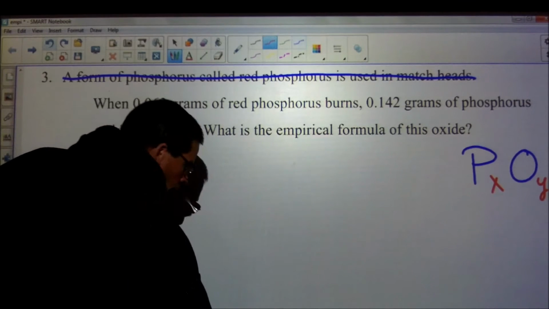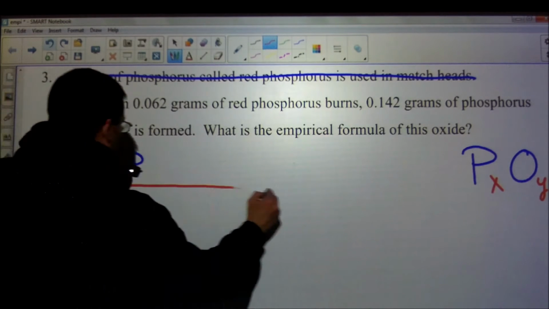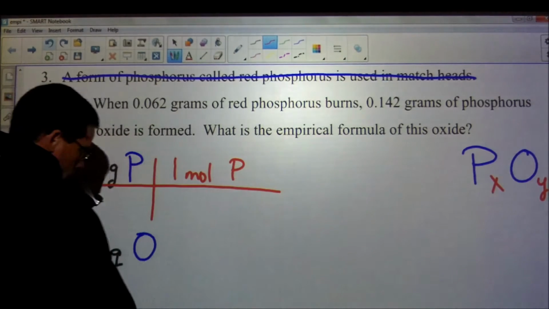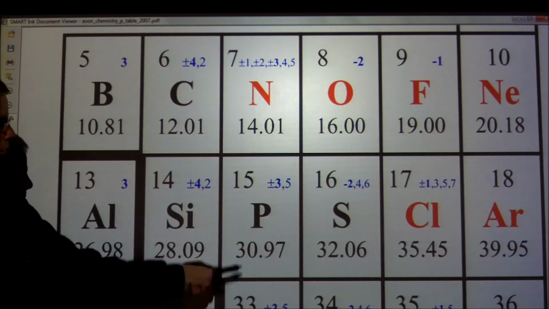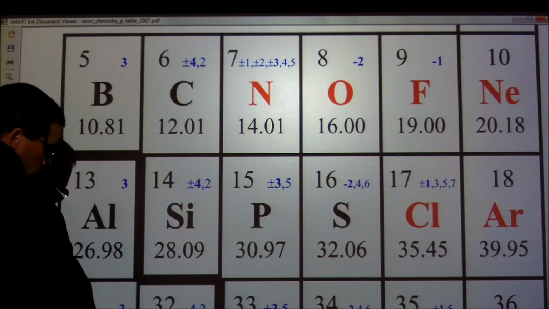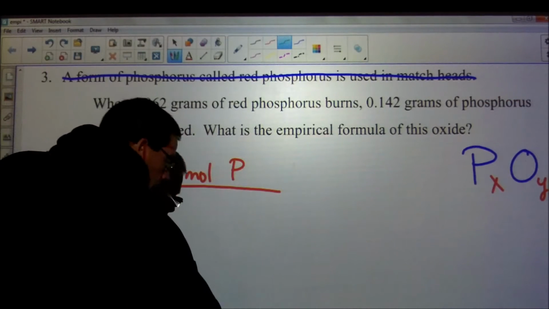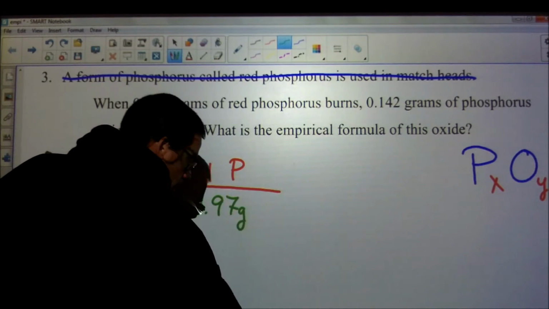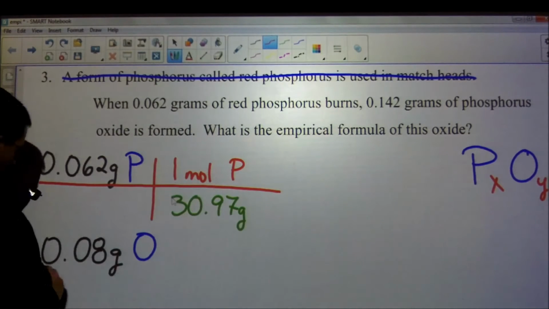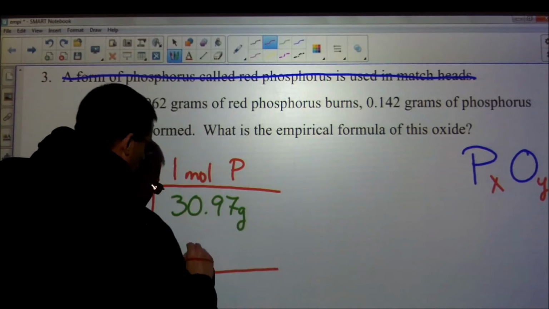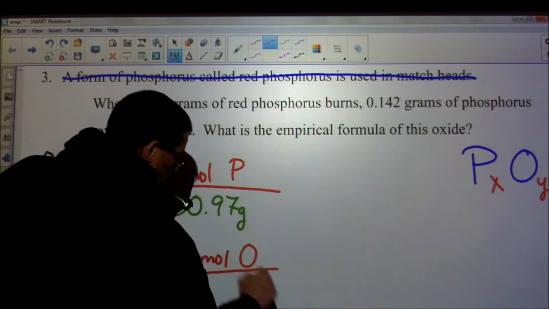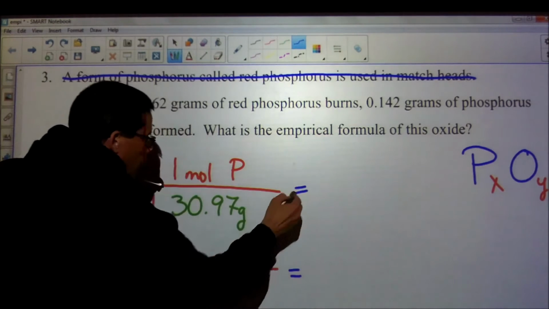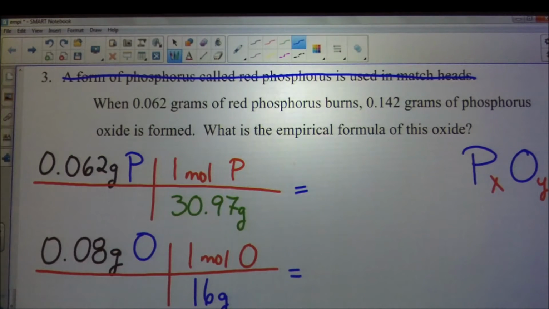Okay. So let's go ahead and find out how many moles of each of these we have. So 1 mole of phosphorus has a molar mass of 30.97 grams. And 1 mole of oxygen has a molar mass of 16 grams. So let's find out how much of each of those we have.